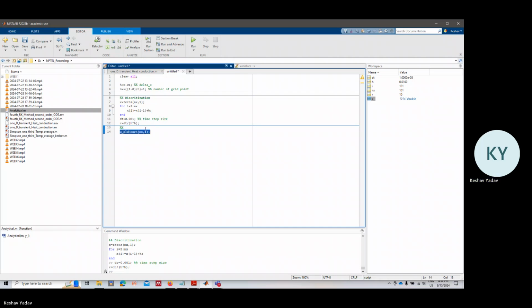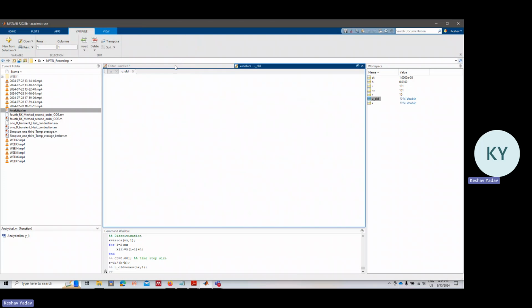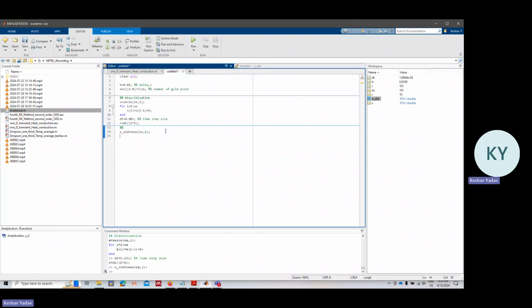So I have defined u old equal to ones. Okay. So if I see here, it is now 1, all the values. Now I am defining the new value, u new, equal to, initially I am assigning as zeros of nx comma 1. Okay.